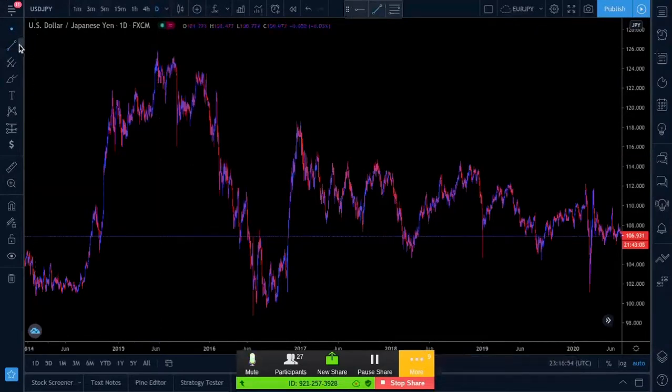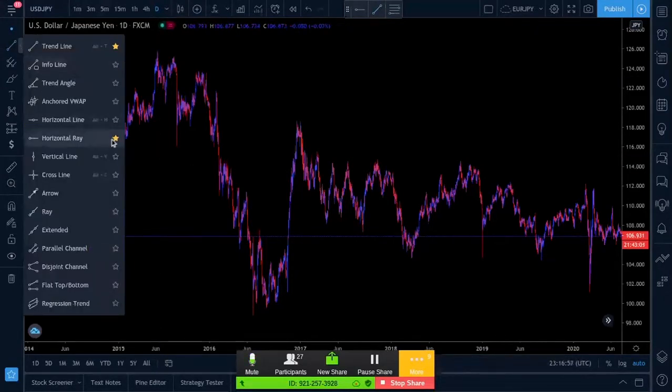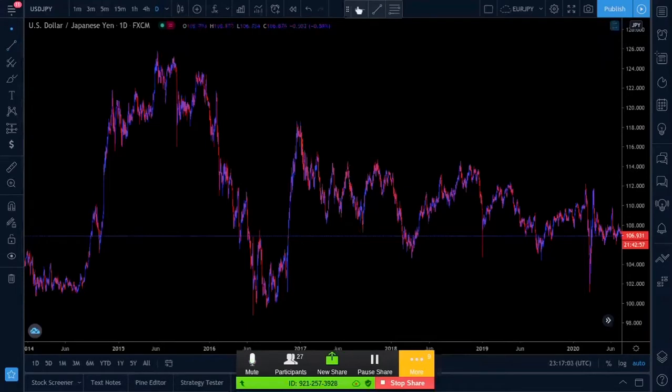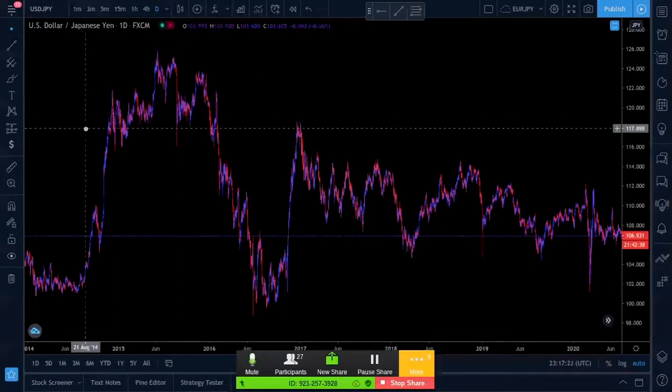My tools that I use again are the ones with the stars, trend lines, and horizontal rays. Once you hit the star on them, they will appear anywhere on the screen. You can just drag it to where it best fits on your screen. I put them to where nothing gets in the way, and it doesn't cover anything.